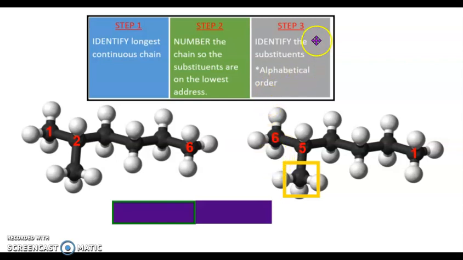Then you identify the substituent. Our branch has 1 carbon, so it's a methyl. If we have more than 1, we put them in alphabetical order. The parent chain over here has 6 carbons, represented by hex, and the ane represents the single carbon-to-carbon bonds.